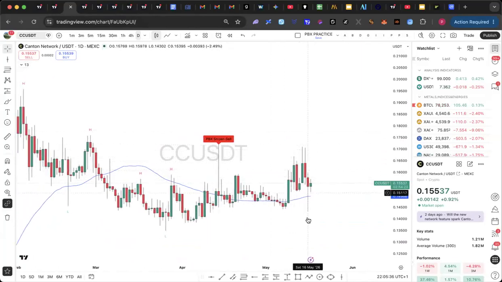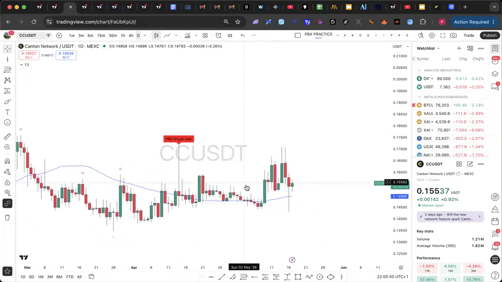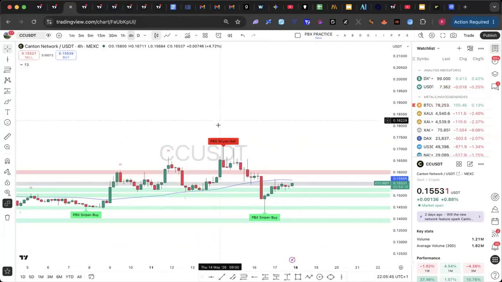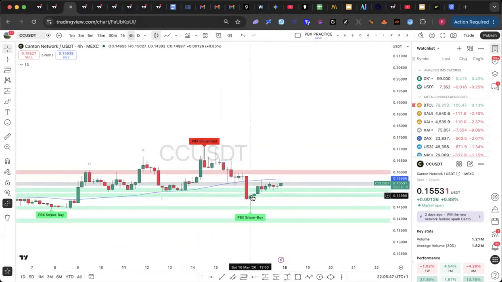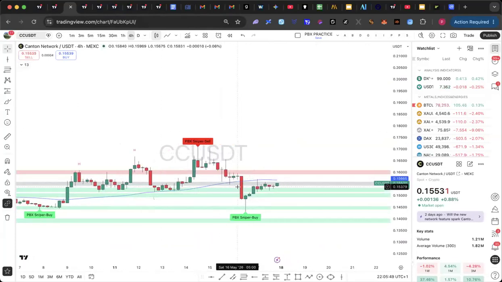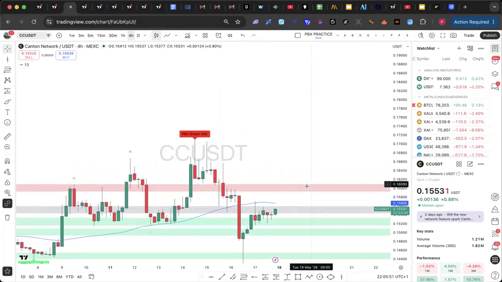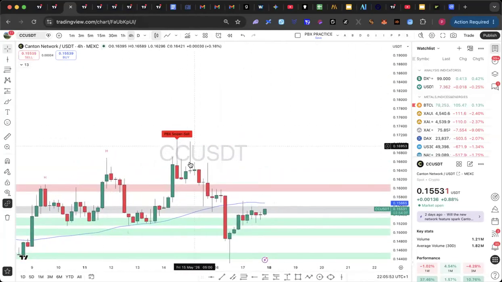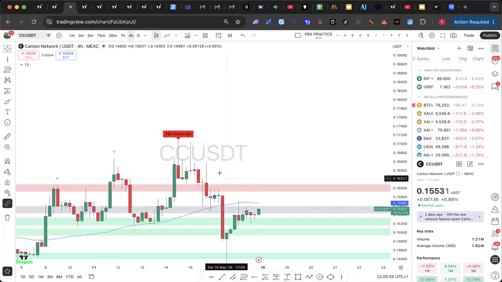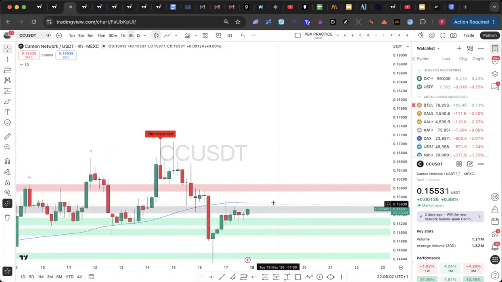You keep having week up and down, week up and down. So it's fight and fight, fight and fight. So let's go back to 4 hours. I think there was a buy opportunity yesterday for the CC token.